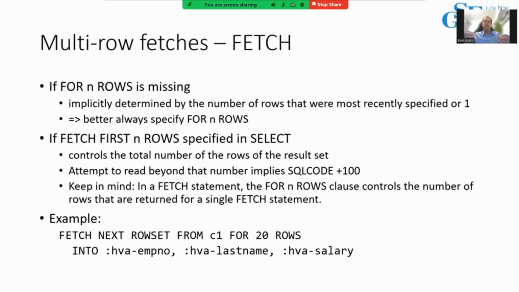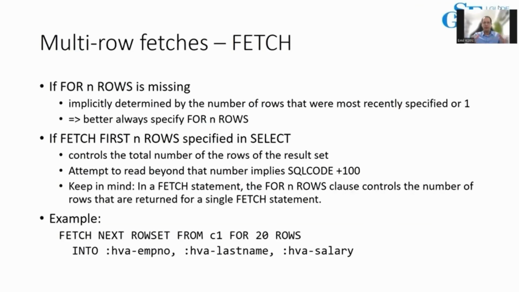I mentioned the row set is not a result set, it's a subset. So fetch first n rows specified in the select really controls the total number of rows in the result set. And with the row sets, you are controlling how many rows from the result set can be returned to the application in one call.